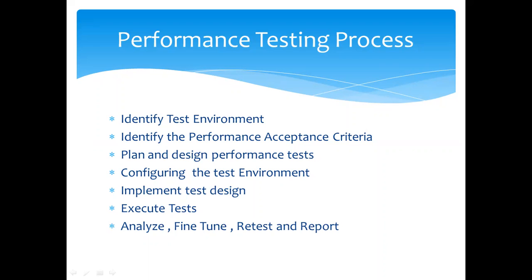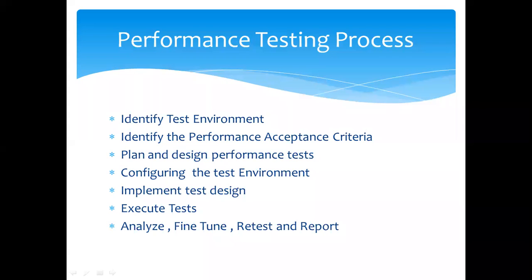Next, plan and design the performance tests, meaning how usage is likely to vary among end users. We need to identify the key scenarios, all the possible use cases, the variety of end users, test data, outlines, and metrics. We identify all those things and plan and design them under this step. Then configuring the test environment.